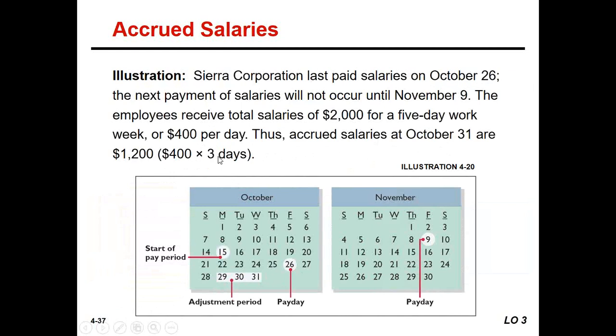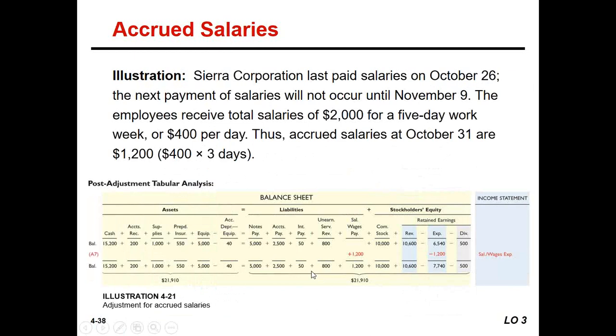So we have salaries payable of $1,200 for those 3 days. Those expenses were incurred over those 3 days, but because payroll has not yet been run, they have not been recognized or in the books. So we will recognize them because the wages were incurred in the month of October. And our entry will look like this: salary and wages payable and salary wages expense.